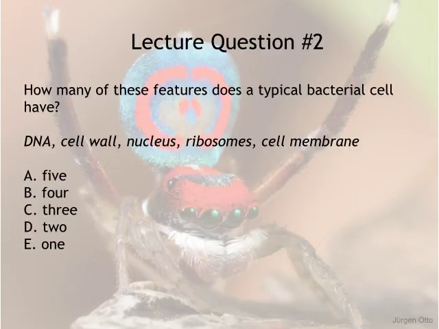Yes, ribosomes are a universal component of cells because all cells need to make protein, and ribosomes make protein. Do they have a cell membrane? Yes. Again, cell membranes are a universal component of all cells, prokaryotic or eukaryotic. So bacteria then have DNA, cell walls, ribosomes, and cell membranes. So those are 4 features common to bacteria.